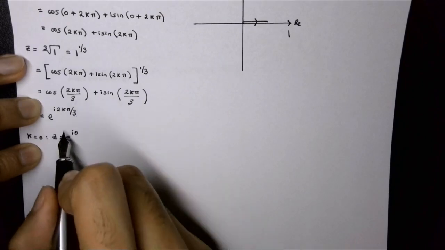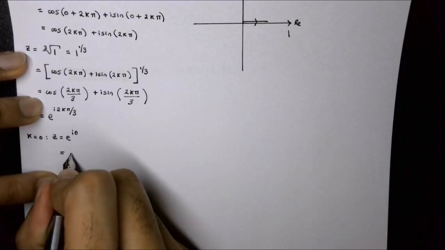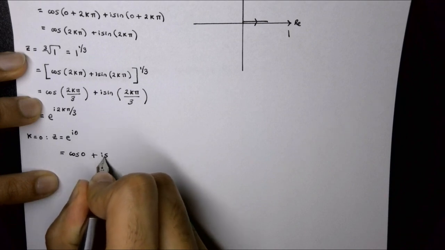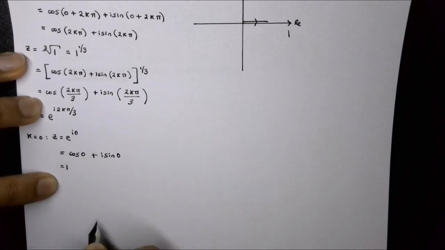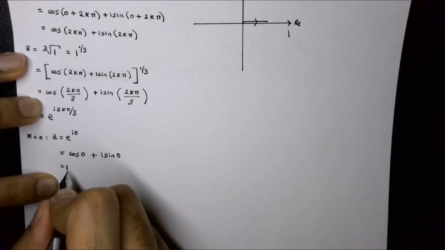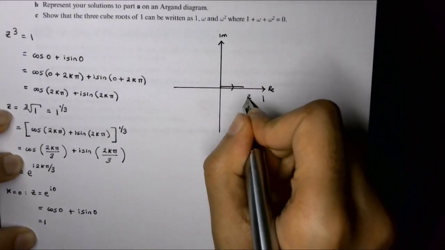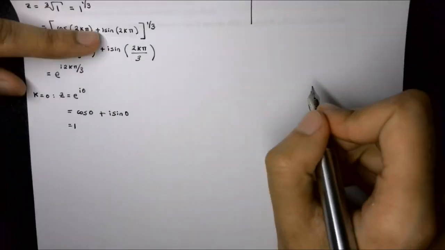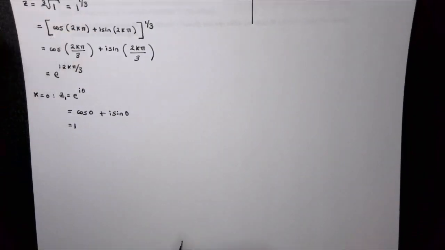So if we put this back into the mod-arg form, we have the cosine of 0 plus i sine of 0, which is equal to 1. So this is one root to the equation, z1, if we plot this on the Argand diagram, is equal to 1. That's one possible root we can have. So let's just write this down. We've got z1 equals 1.